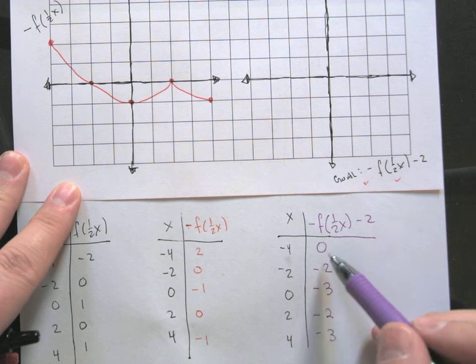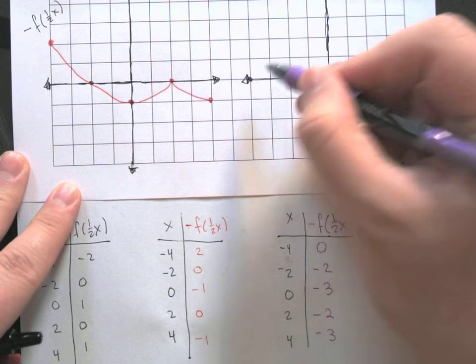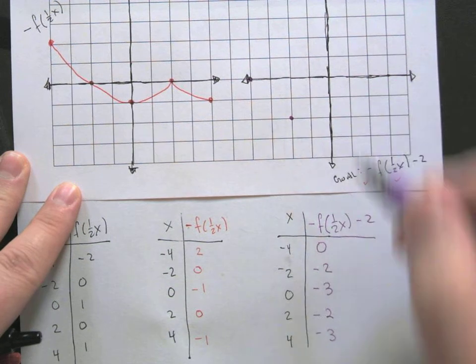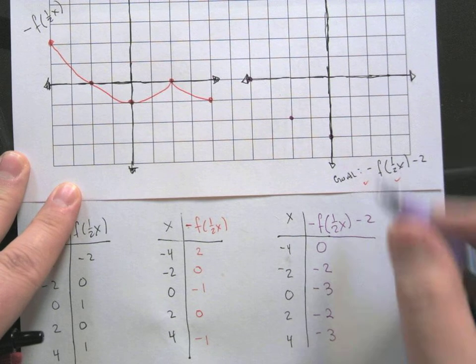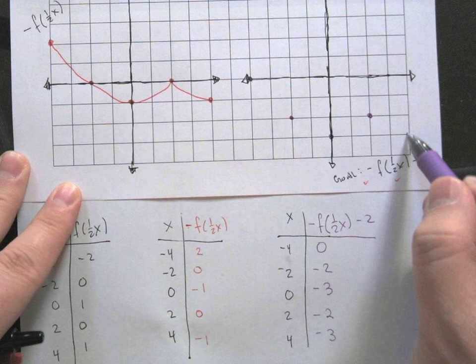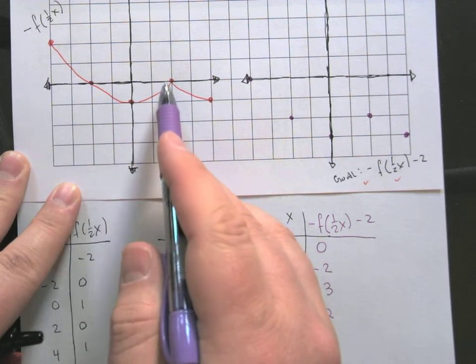So my new value is negative 4, 0. So 1, 2, 3, 4. 0, negative 2, negative 2. Drop by 2. 0 and negative 3. Down here. Positive 2, negative 2. And then 4, negative 3 is going to be here. So it's got the same curve.